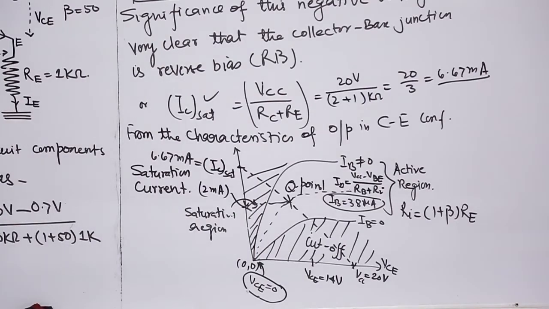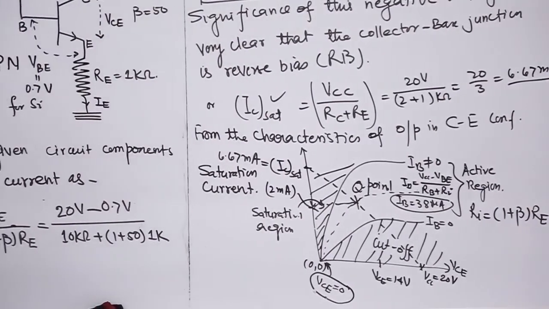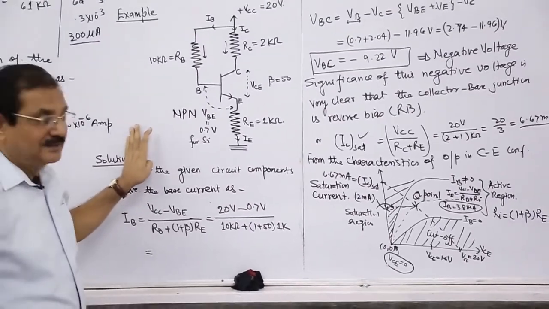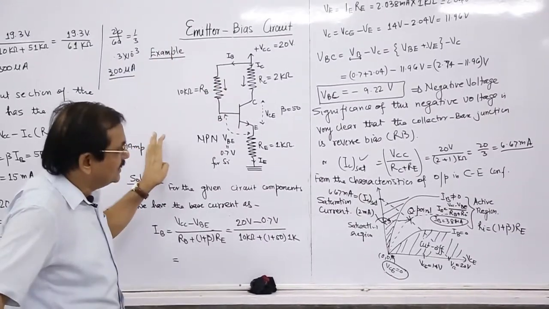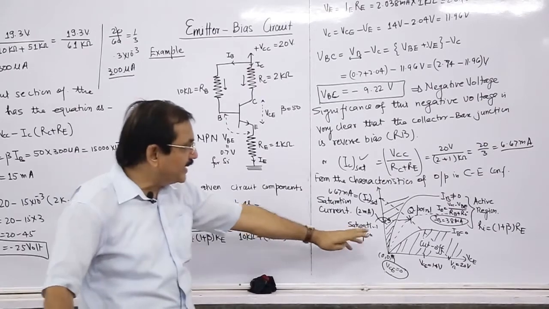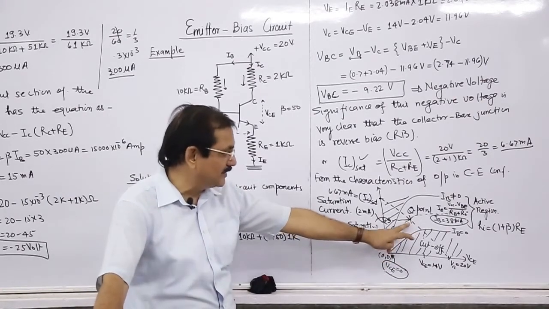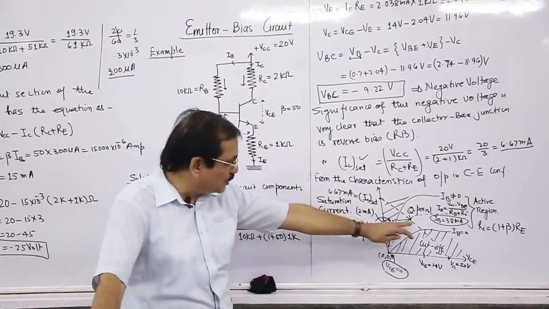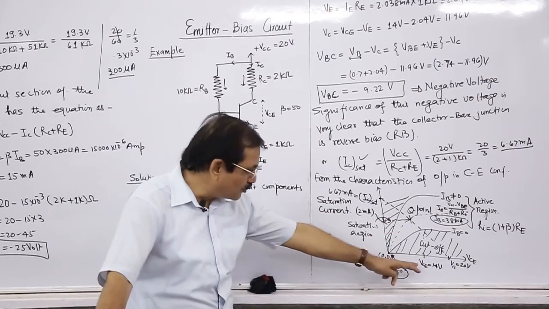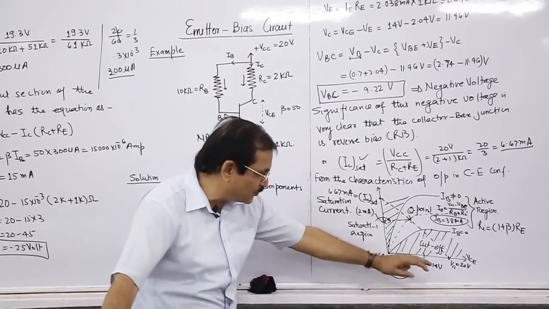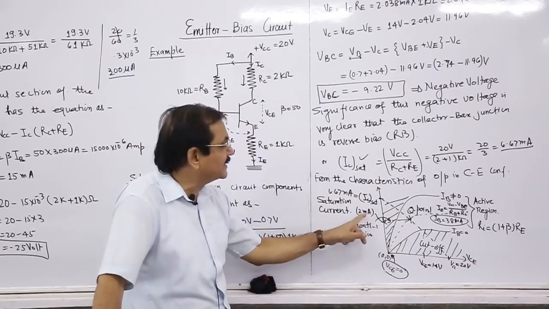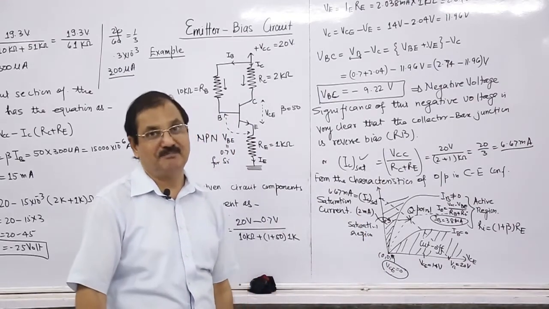So in this way, from this emitter bias circuit, we can plot this Q point. The Q point coordinate is x axis 14 volt and y axis 2 milliampere.